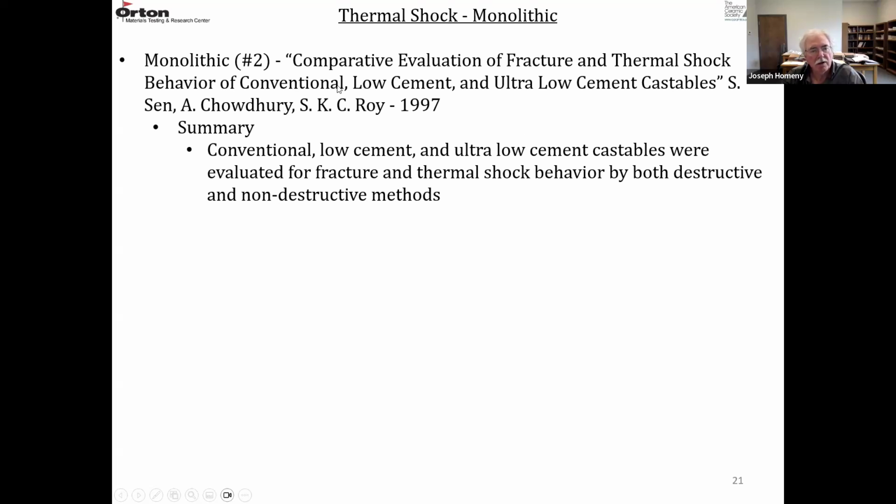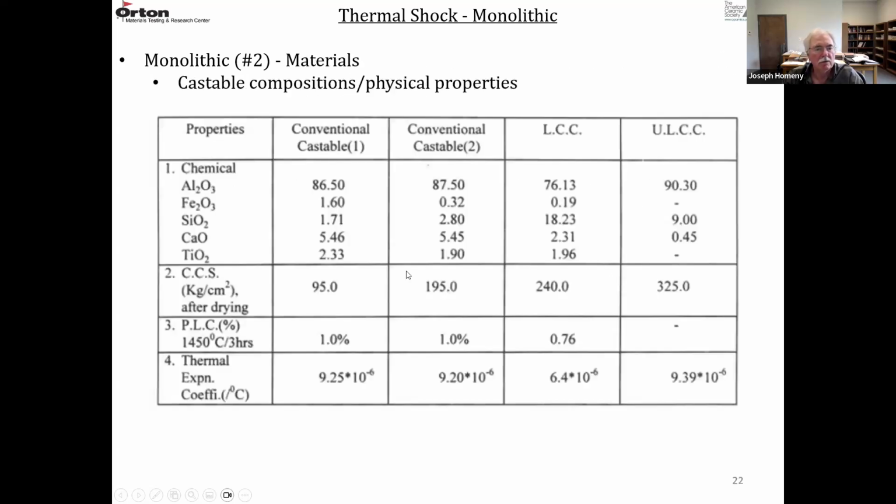So conventional has high cement, the low cement has much lower cement, and ultra low cement has very little cement. And that trend was just a decreased low melting phases like anorthite and gehlenite. So conventional, low cement, and ultra low cement castables were evaluated for fracture and thermal shock behavior by destructive and non-destructive methods.